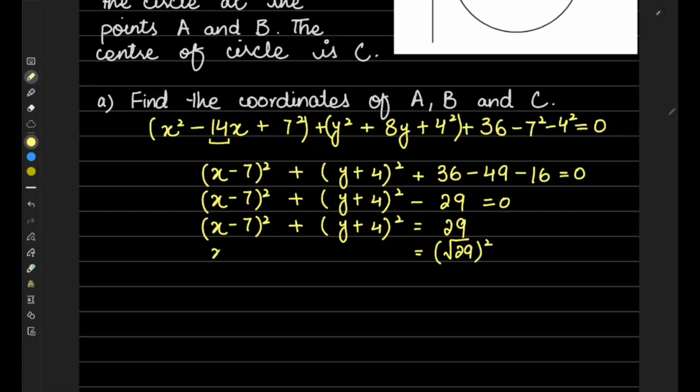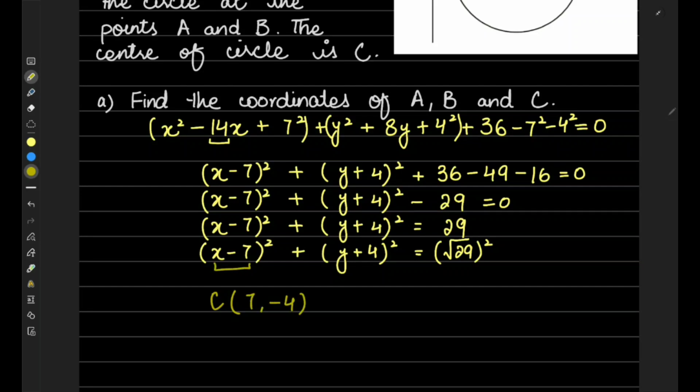From here we can clearly infer two things: one, the center of the circle, and the second, the radius. So the center would be 7 comma minus 4.